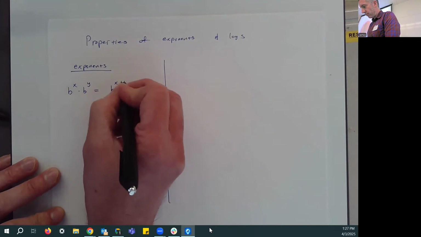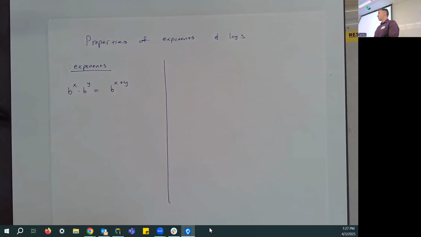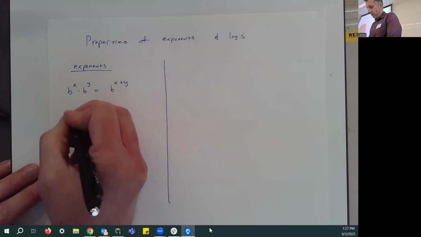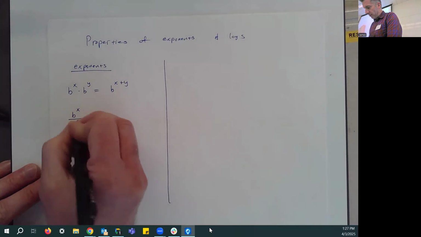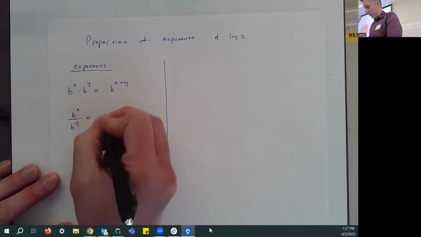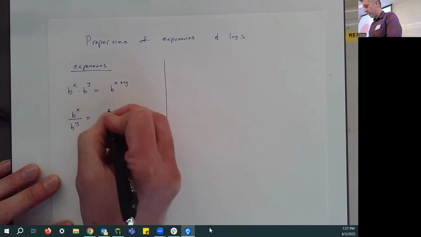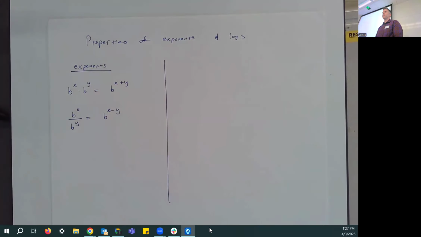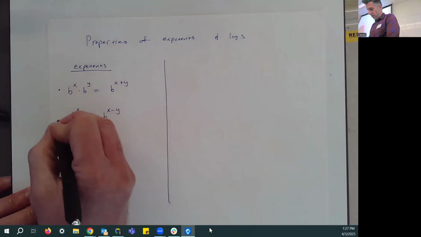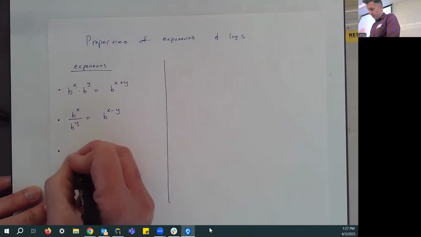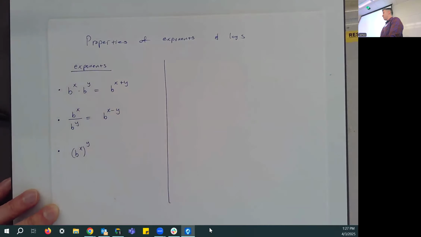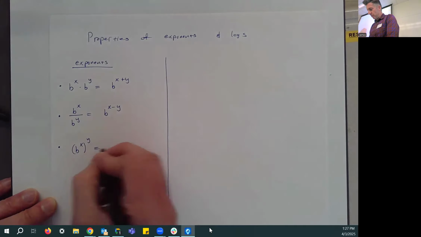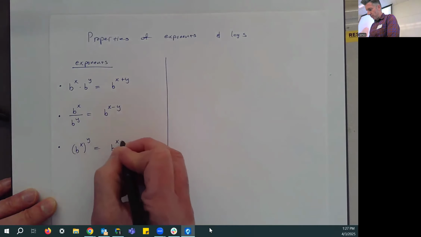We add them. There's also a subtractive law of exponents, where if you have, say, b to the x divided by b to the y, you subtract the exponents, you get b to the x minus y. And then thirdly, you have b raised to the x raised to the y power, a power to a power, you get to multiply those powers. And that's b raised to the power of x times y.